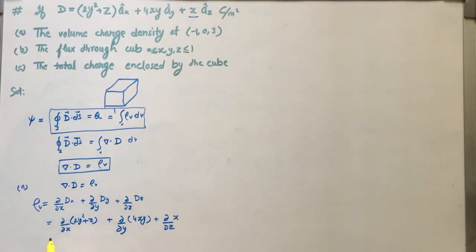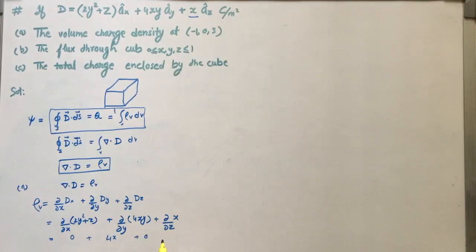After differentiation, this will be considered as a constant if we are doing a partial derivative, so it will give us 0. Here we will get 4x and here we will get 0.